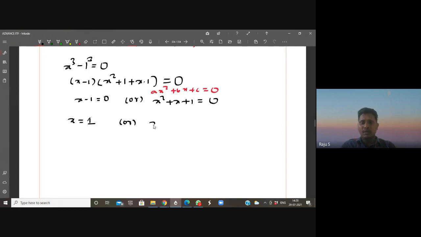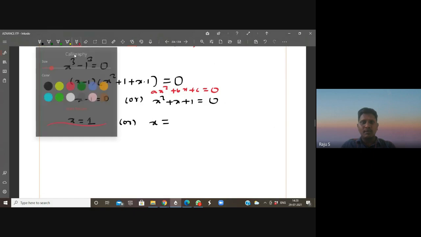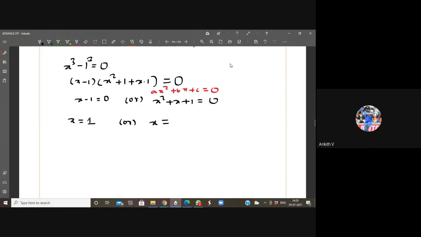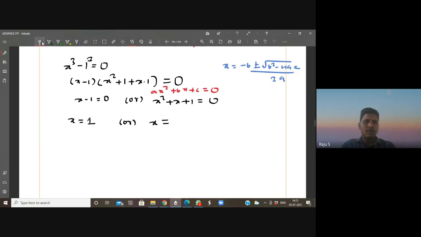So x is equal to minus b. What is the formula, students? Minus b plus or minus root of b square minus 4ac by 2a. Right? So here a value 1, b value 1, c value 1, by 2a.